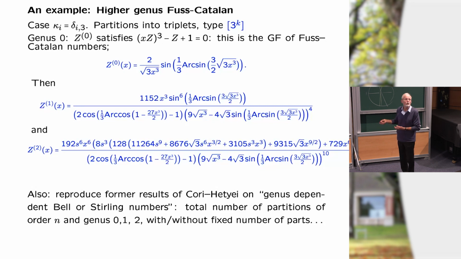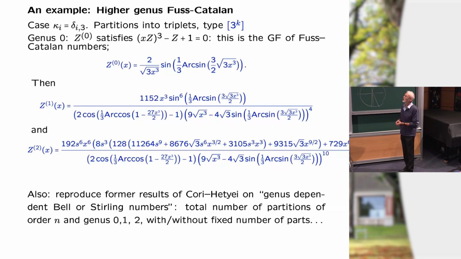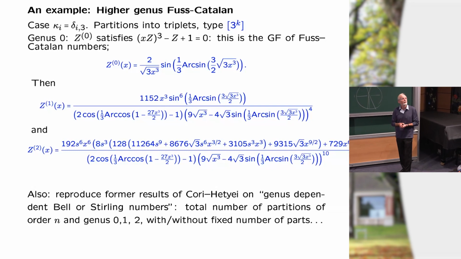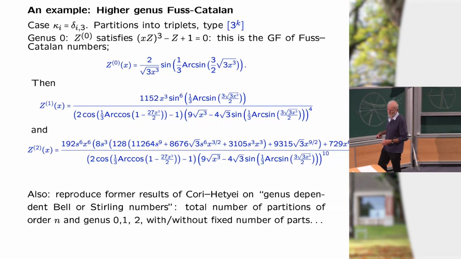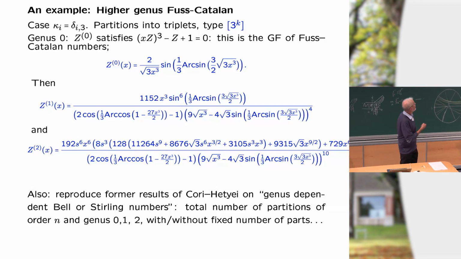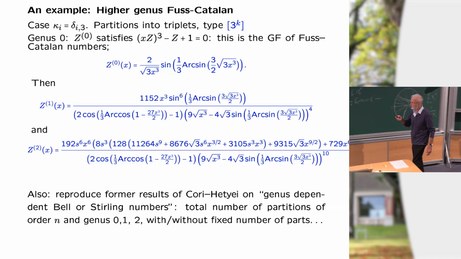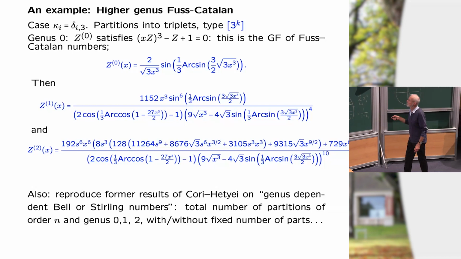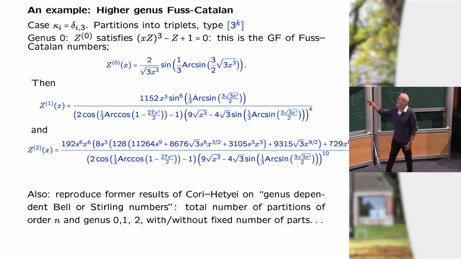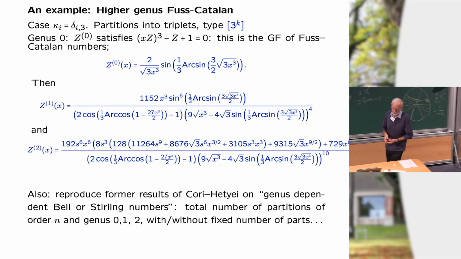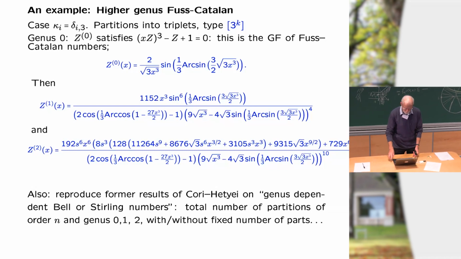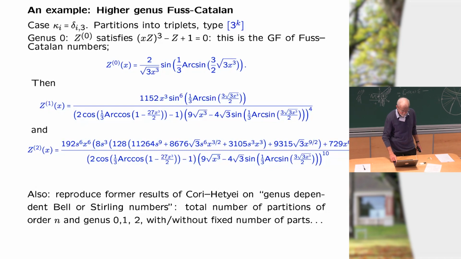And likewise, I could also fix the number of parts, and that would be the Stirling numbers of the second kind, but genus-dependent Stirling numbers. Okay? So everything of that type can be done. In fact, these things had been done before by Cori and Hetyei as a result of their discussion; they had these numbers. So I checked that, I reproduced the results, and so everything seems to be all right.